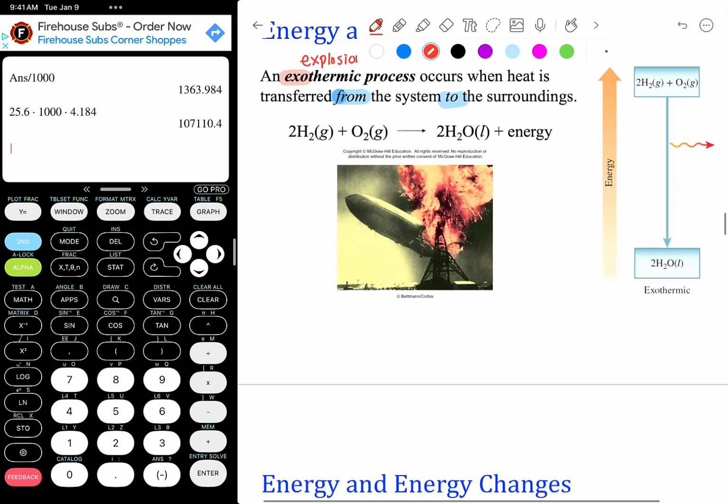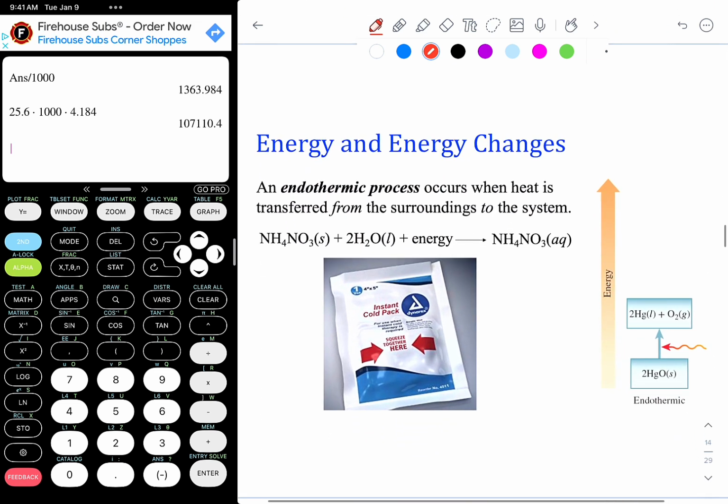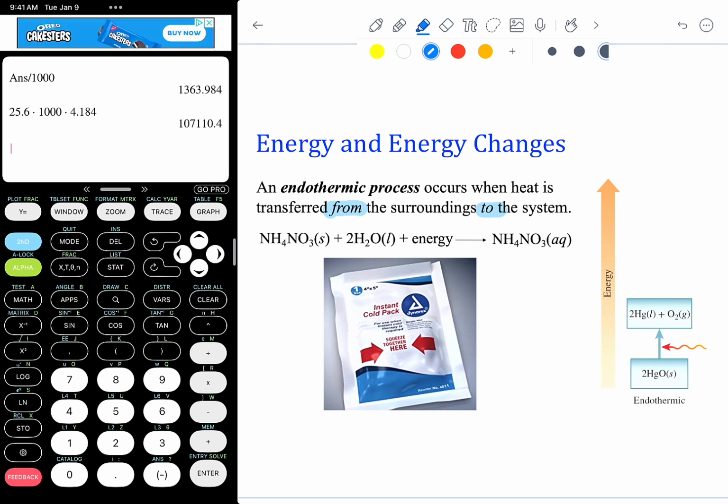Our next type of process is an endothermic process. And an endothermic process is the opposite of an exothermic, and this occurs when heat is transferred from the surroundings to the system. So we're taking heat from around us, around whatever our system is, and we're placing it into the system in order to transfer the heat that way.